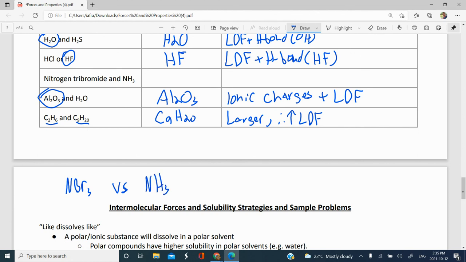So if you were to draw this out using your Lewis structure, and same thing here, you would see that they're both the same shape, but we'd have to see if one of them is polar or non-polar.